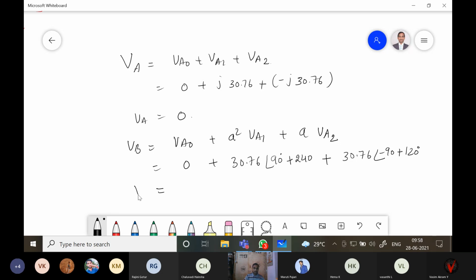Calculating, VB you will get 53.26 volts.